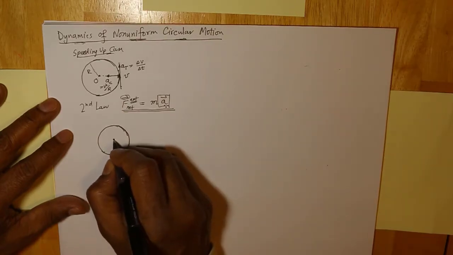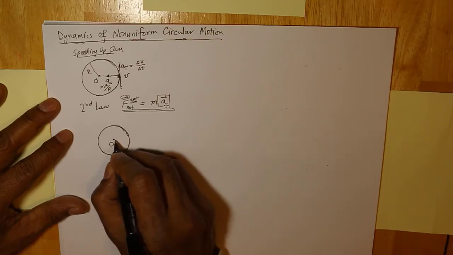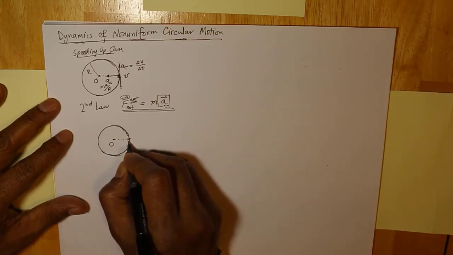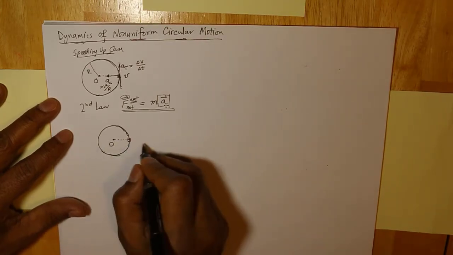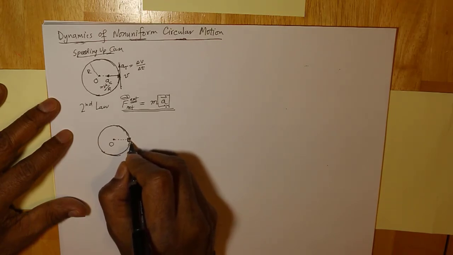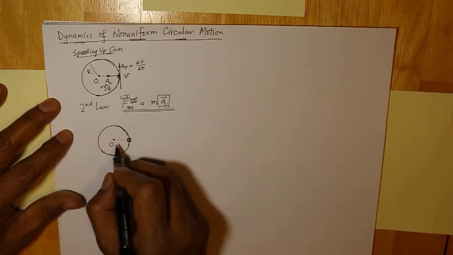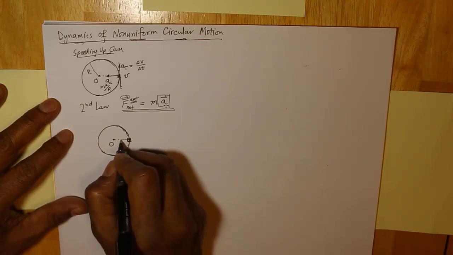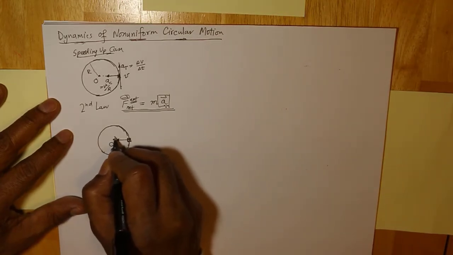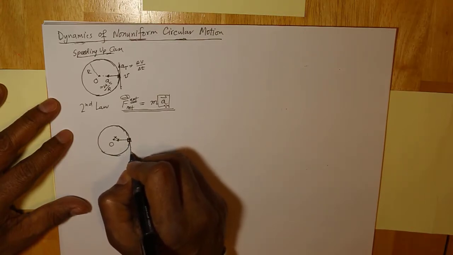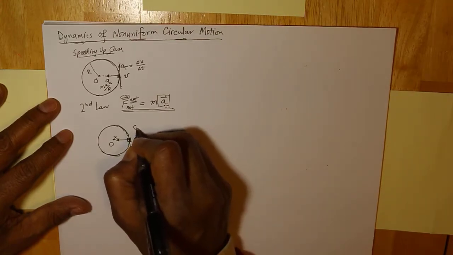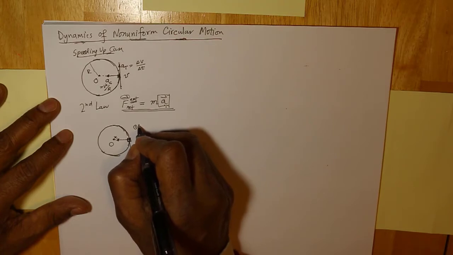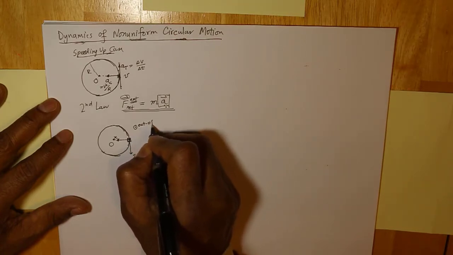Okay, so this is O, and I like to use a time in which the object is horizontally located from the center, so that it's easy to write down. Let's call this the x-axis, and this the y-axis, then the z-axis is pointed out of the page.